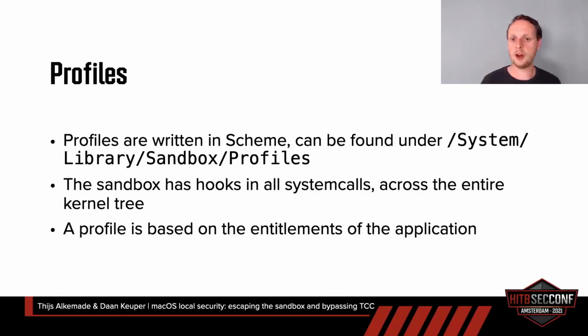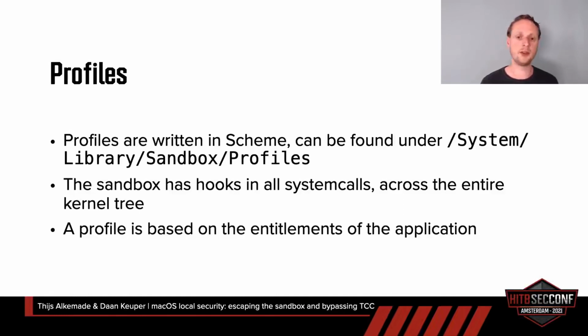The Sandbox profiles are written in the Scheme language and can be found within the file system. And the Sandbox implementation has hooks in all system calls. So across the entire kernel tree, you will see calls to check if the specific system call is allowed within the current Sandbox profile.